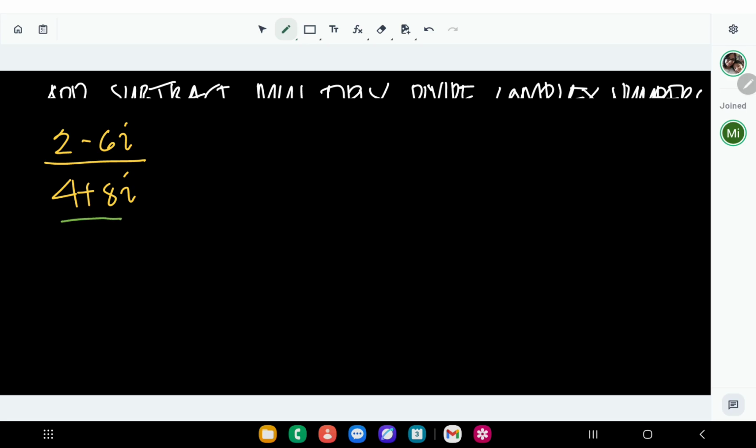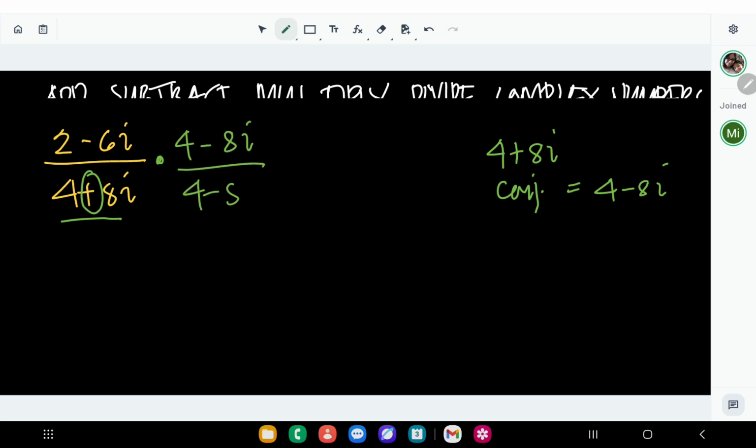You have 4 plus 8i, so the conjugate would be 4 minus 8i, because the sign of the imaginary part is positive. So you will change that to negative. So we multiply by 4 minus 8i over 4 minus 8i.